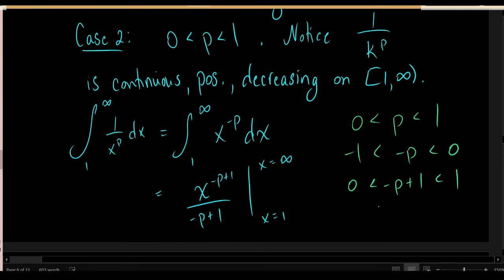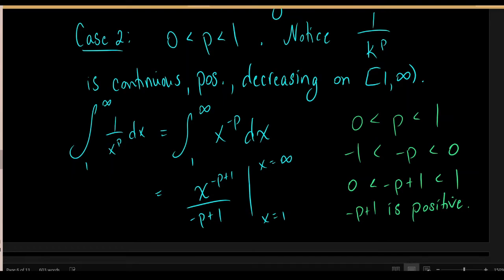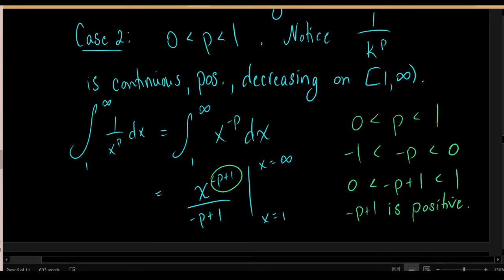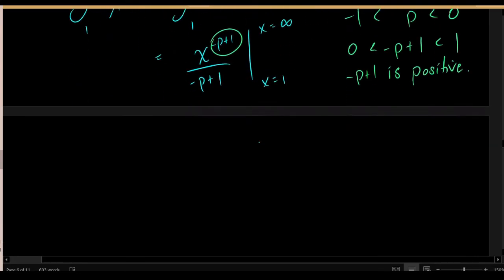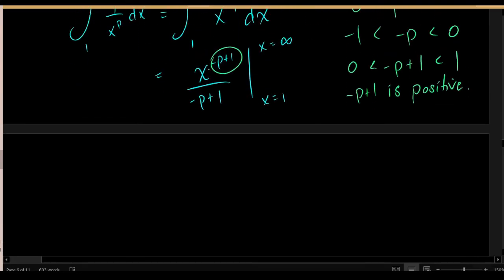So in particular, what I want to note is that negative p plus 1 is a positive number. So what consequence does that have if this power is positive, and I'm raising x to a positive power? Then x to this positive power is going to go to infinity as the base x goes toward infinity.